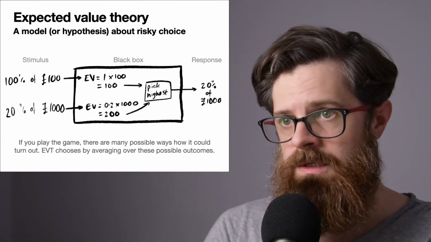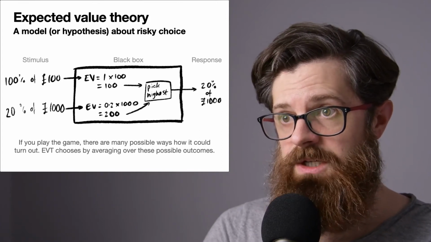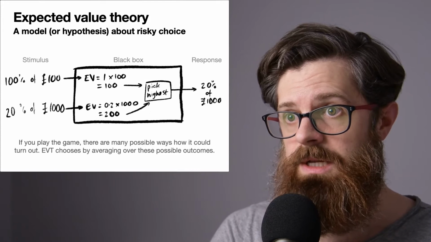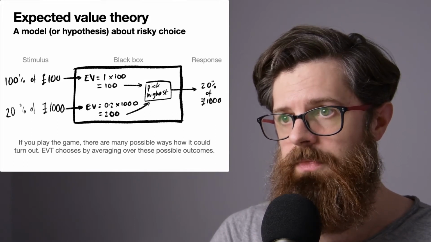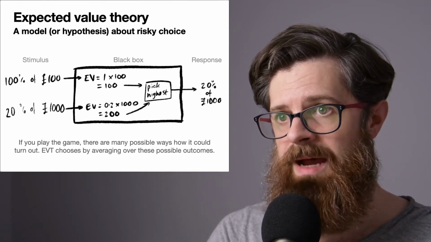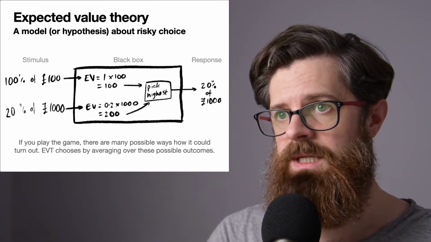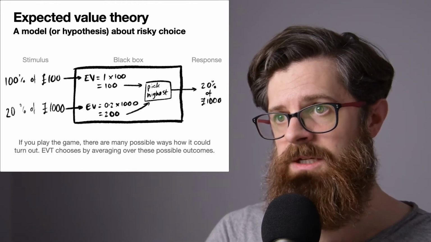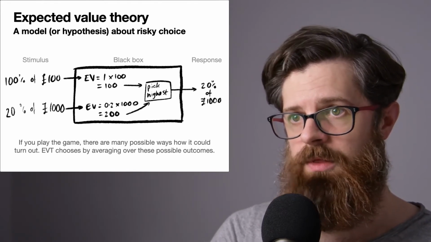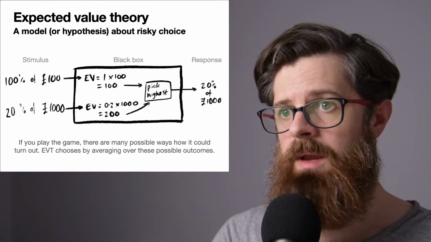In the black box we have essentially expected value theory. This is not necessarily the truth of how people make choices, but this is our scientific model, a hypothesis about how people might make choices.